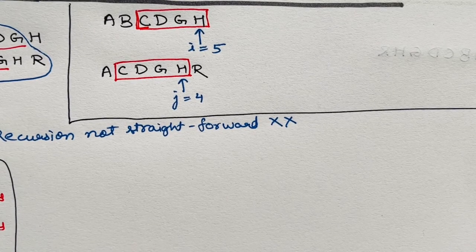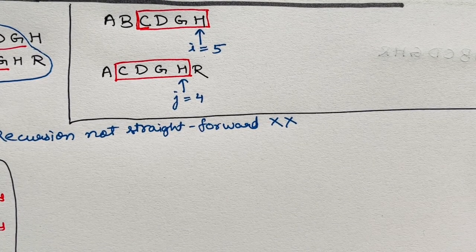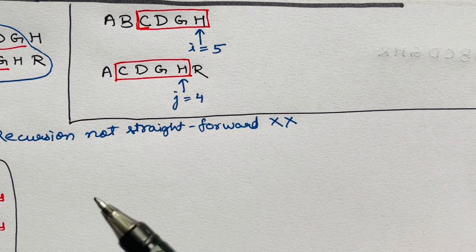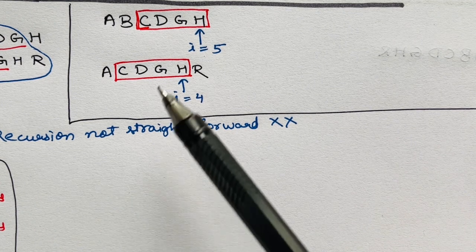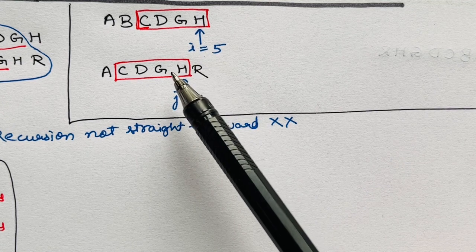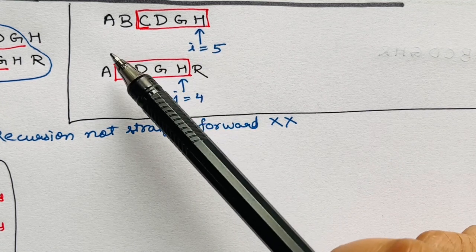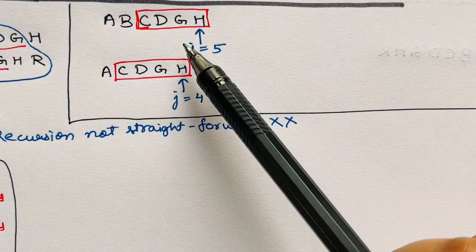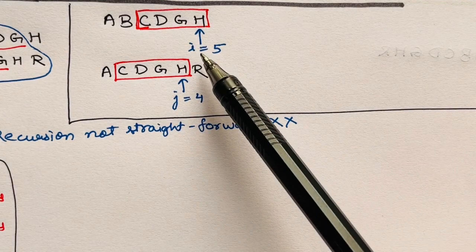Let us make a few observations. Here, whatever is the substring that we are looking for will have to end at some or the other index in the original string. For example, here in S1, the substring CDGH ends at index 5.